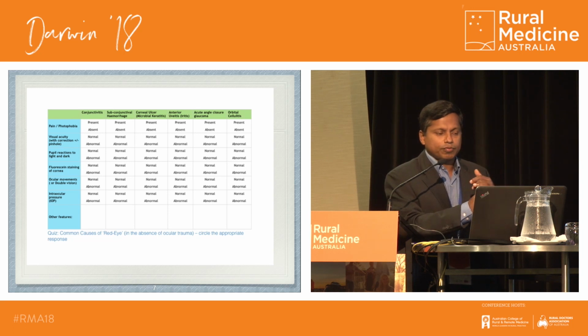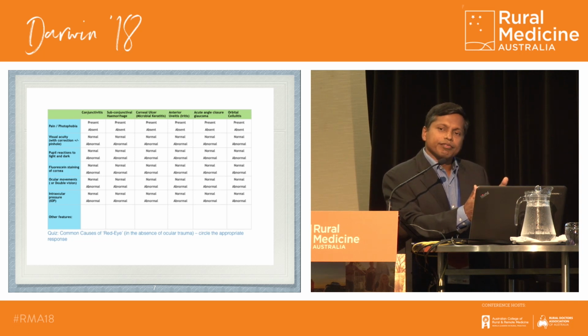It's to ask about pain or photophobia, about the visual acuity, which Eline explained, and also whether the pupils are reacting to light and dark in a normal way, whether there's fluorescein staining and fluorescein uptake, how the eye movements are, and if you have access to ways of measuring intraocular pressure, what the intraocular pressure is.